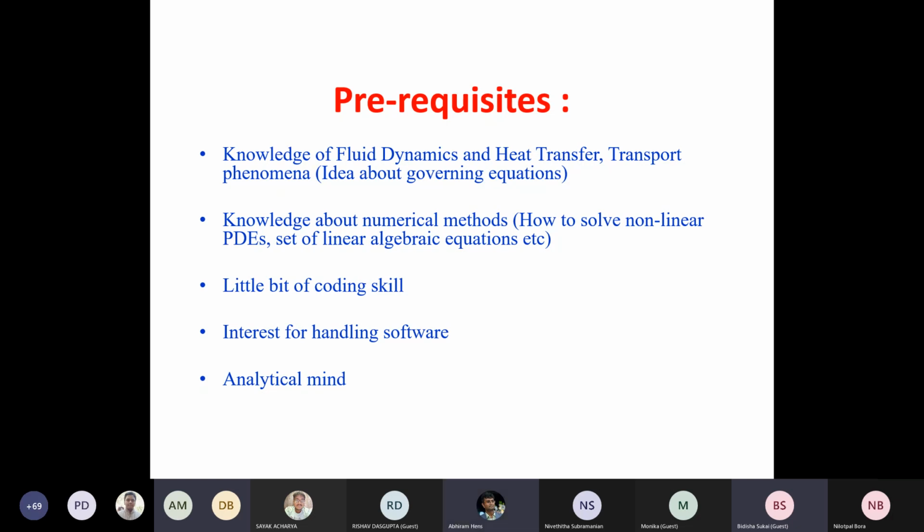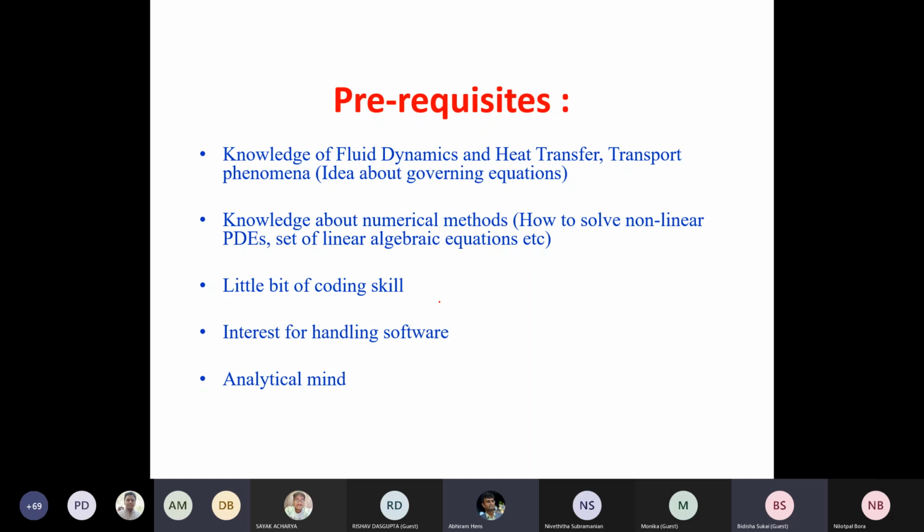Second thing is knowledge about numerical methods. This is also important. At least a little bit of knowledge of numerical methods means how to solve nonlinear equations, how to solve a set of linear algebraic equations, how to solve an initial value problem or boundary value problem. These are required for understanding.